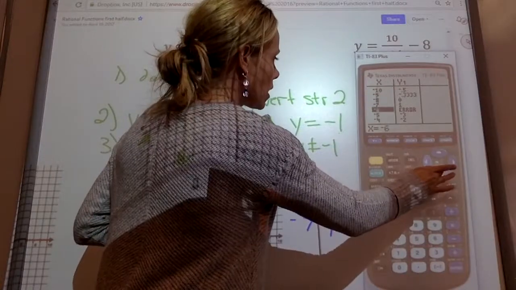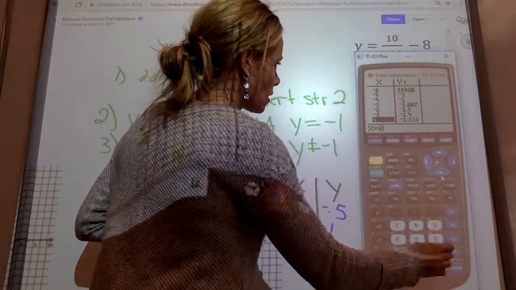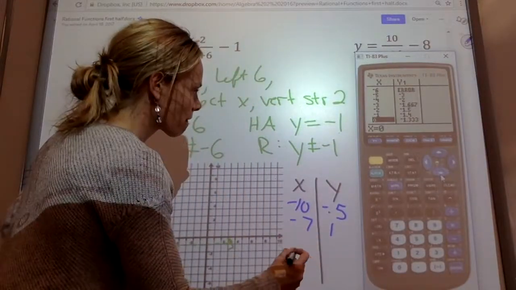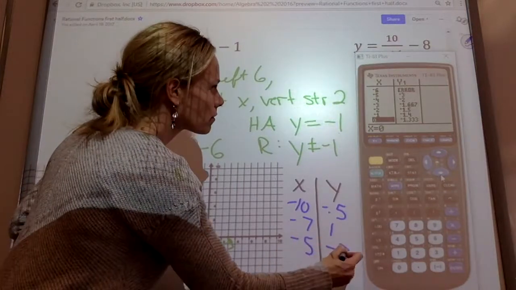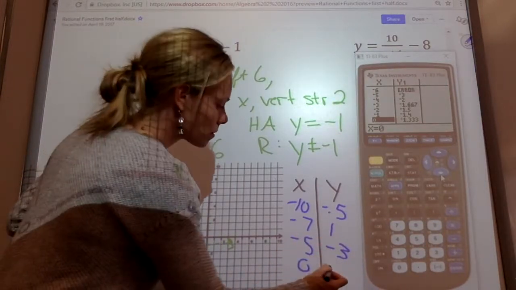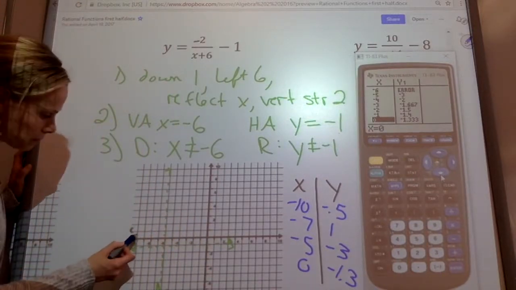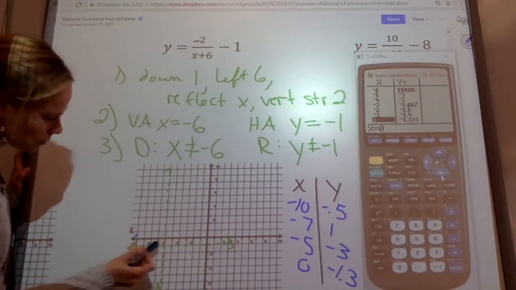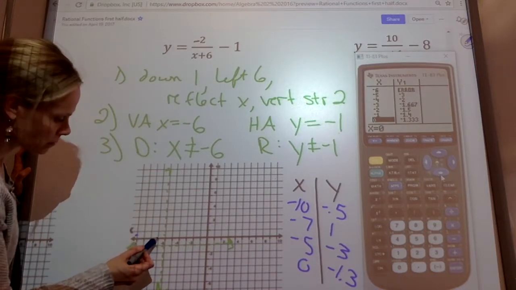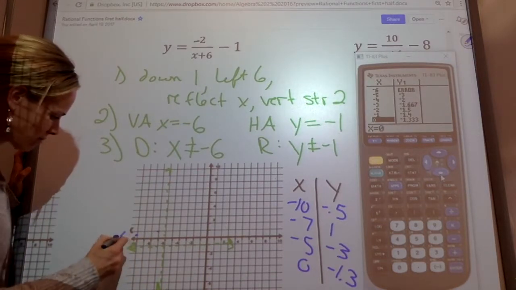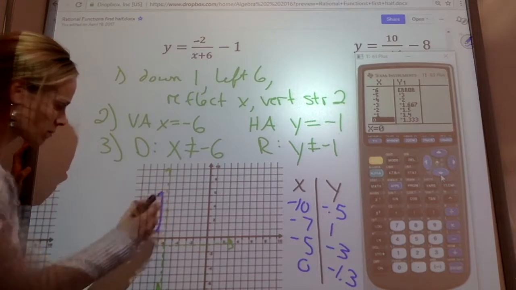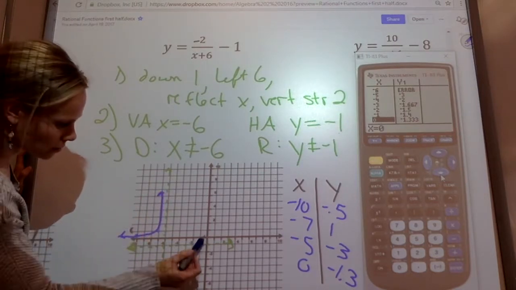That'd be good for that side. And then -5, -3, 0, -1.3. So it's a little bit backwards.